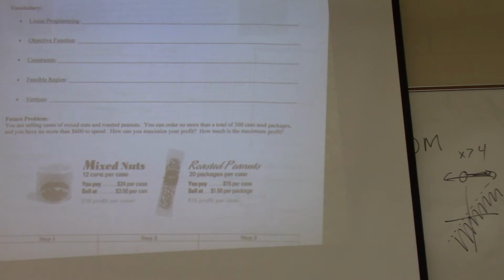Linear programming, that's what this whole chapter is about. What does the word linear mean? A line, right? So this is real world applications of graphing, basically. And a lot of it is used in the business world. For instance, trying to determine your profit margin versus how much you're going to spend.